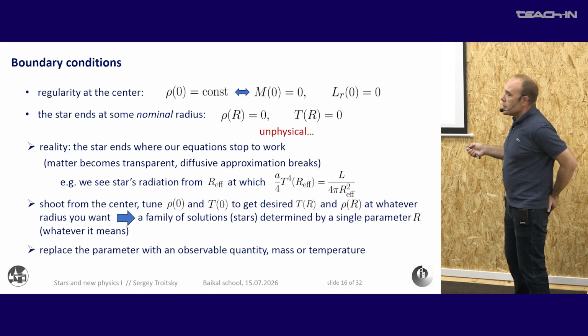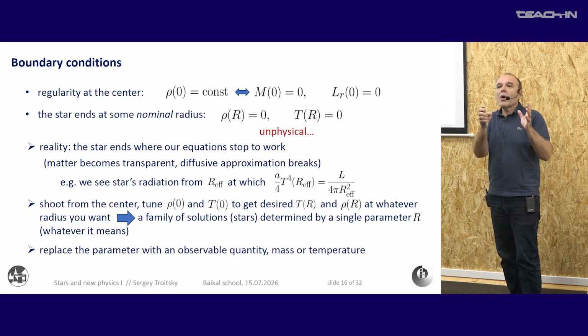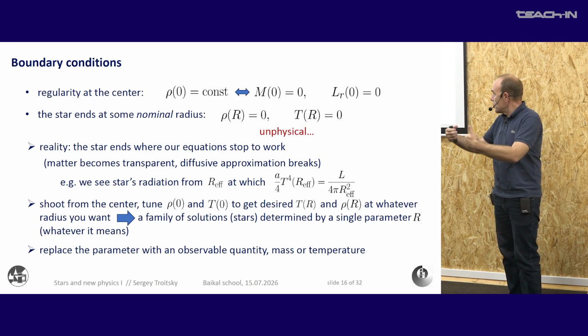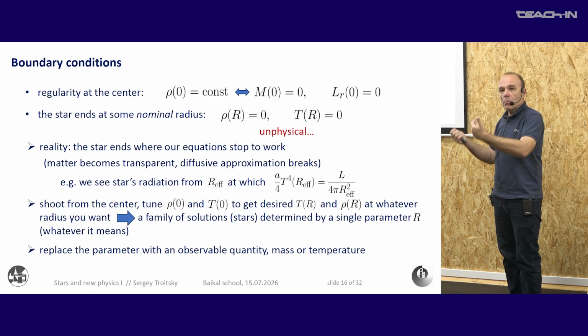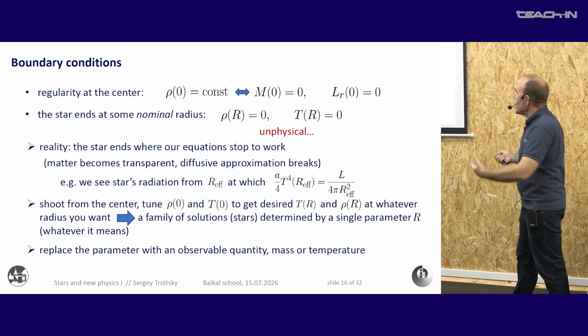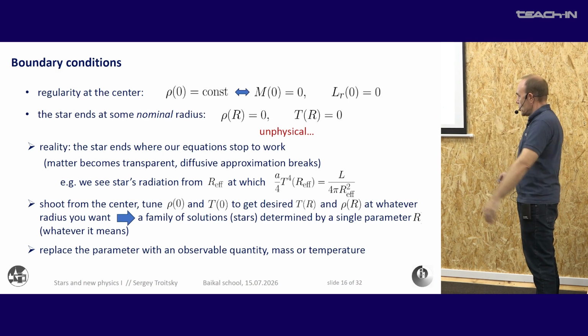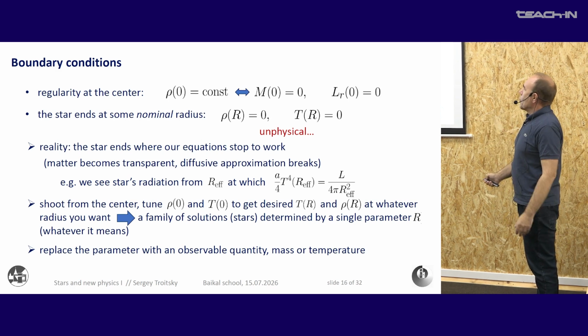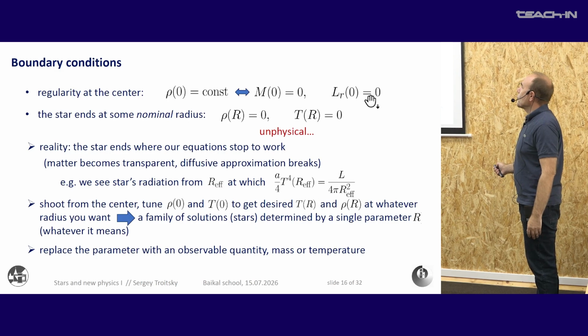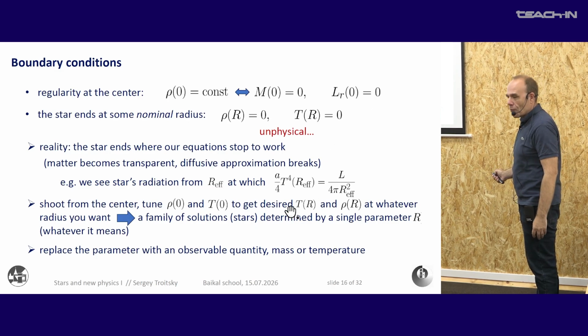So in reality, the star ends much earlier because our equations stop working in the outer regions of the star where the matter is transparent. And our diffusive approximation breaks, and also many other approximations break. For instance, we can see the stellar radiation from some effective radius at which the temperature is far from being 0, very far from being 0.